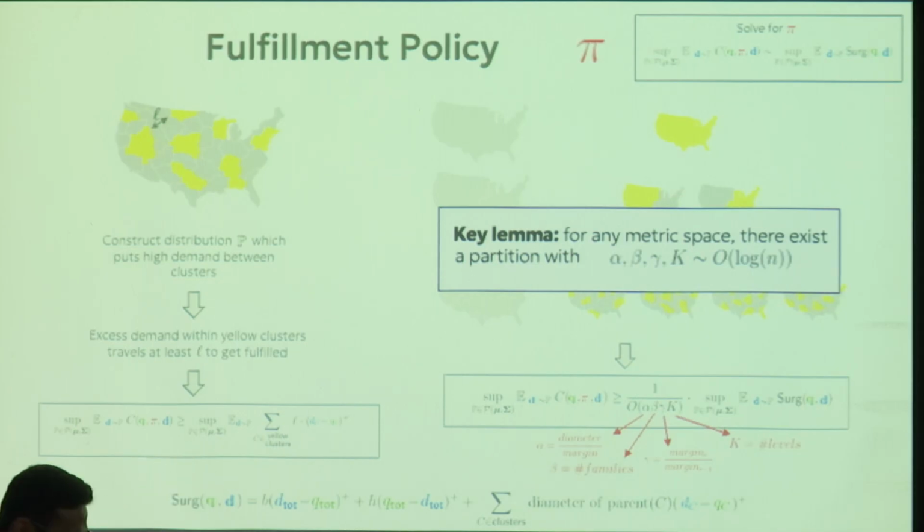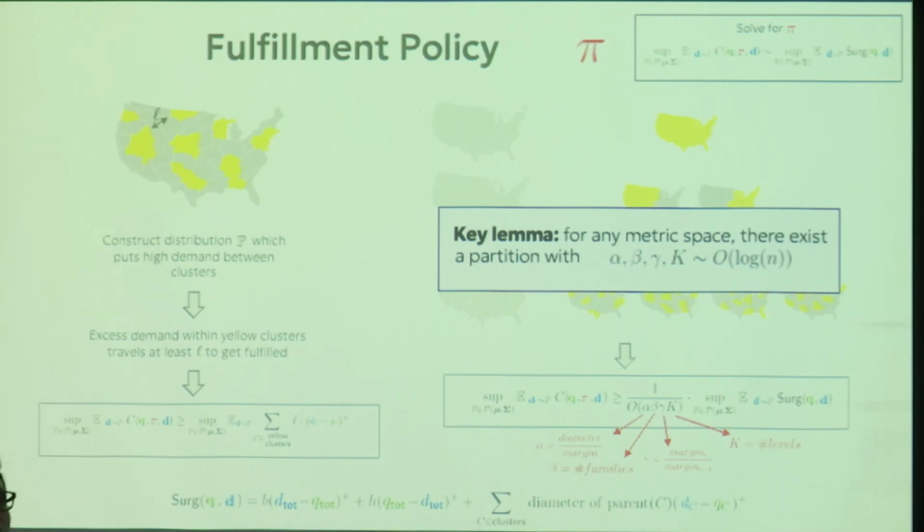Let me define: alpha is the diameter of the cluster to the margin, meaning the separation. Gamma is the ratio of margins between consecutive levels of the tree. Okay, and k is the number of levels, and beta is the breadth in any level.